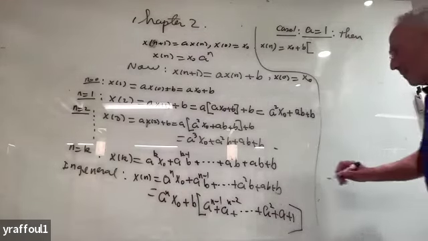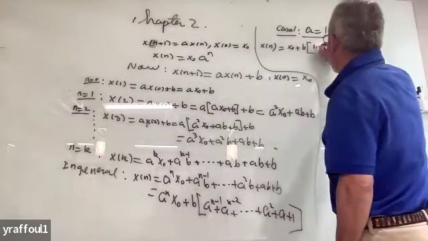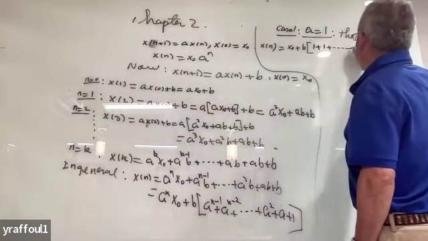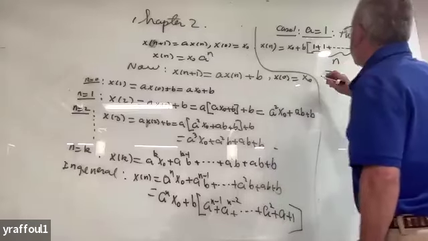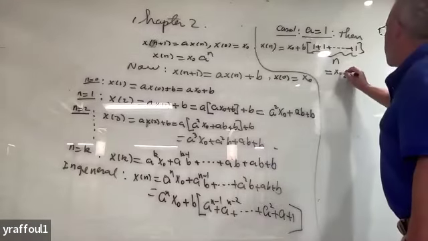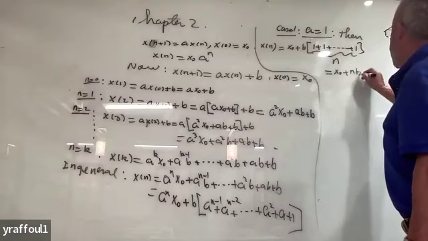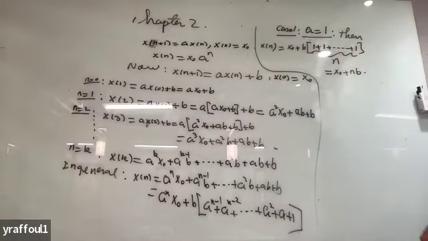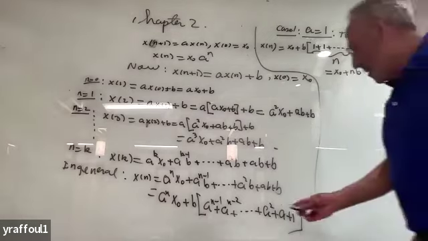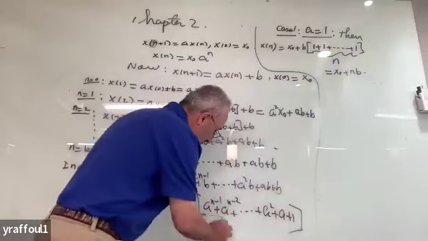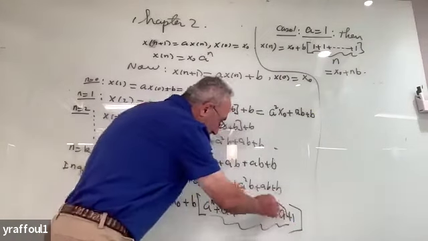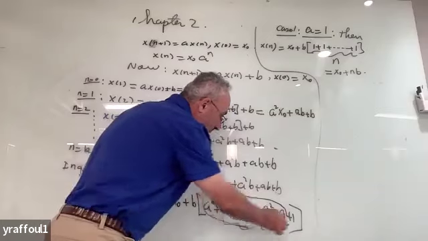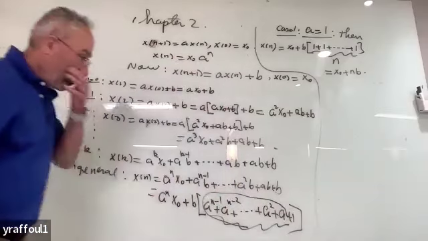And then I have 1 plus 1 plus 1. Those are n terms. So I'm going to have x naught plus n times b. So that is the solution. Because if n equals 1, the last power up to here will be n minus 1, plus 1 will be n.